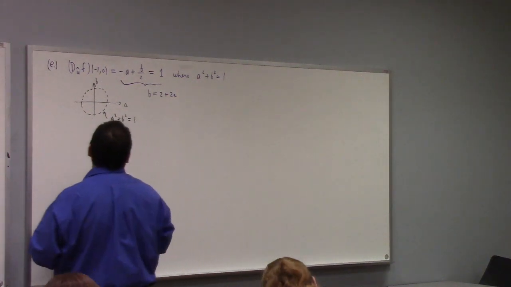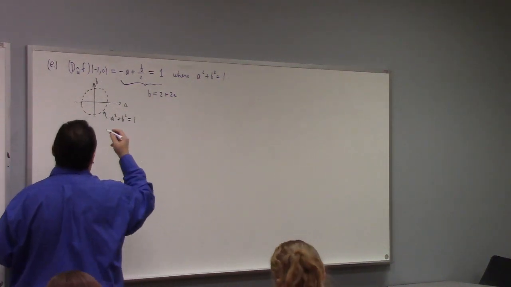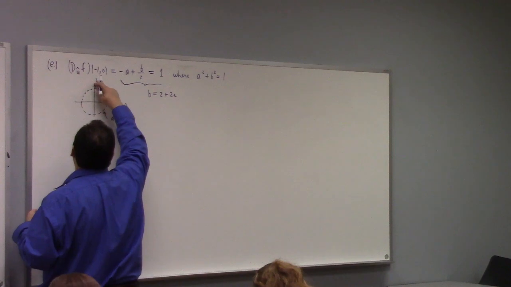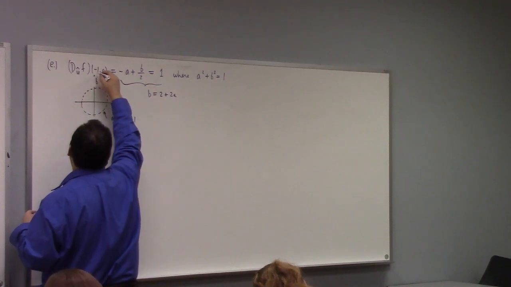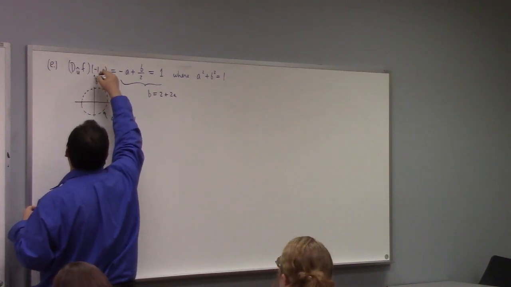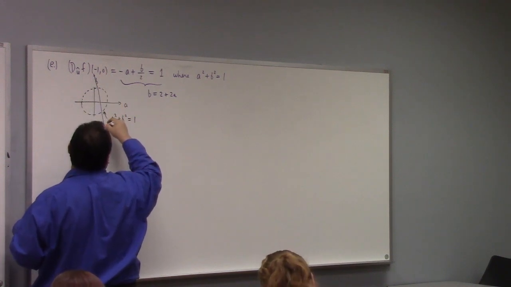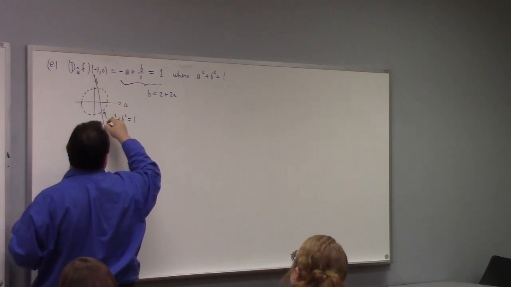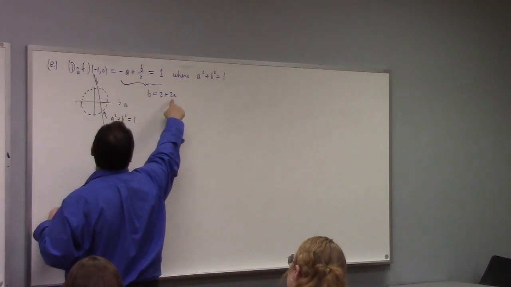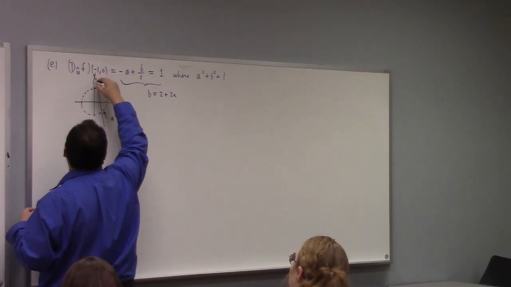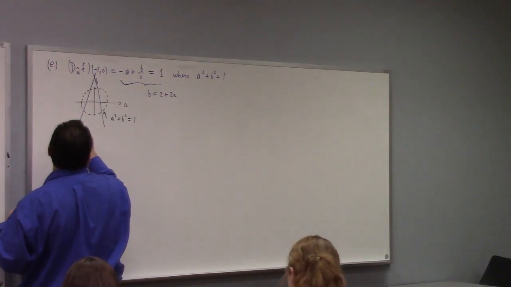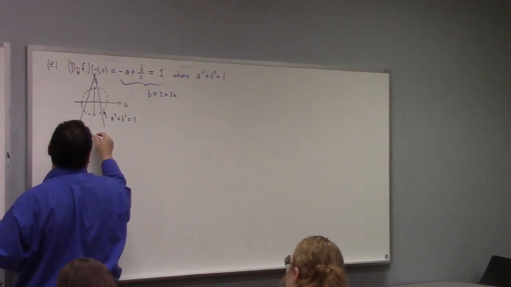So I drew my picture poorly because my y-intercept's like way up here. But anyway, so the line looks something like this. What's the slope? The slope is positive 2, right? So it would go something like this. Now, you don't have to even draw this picture.